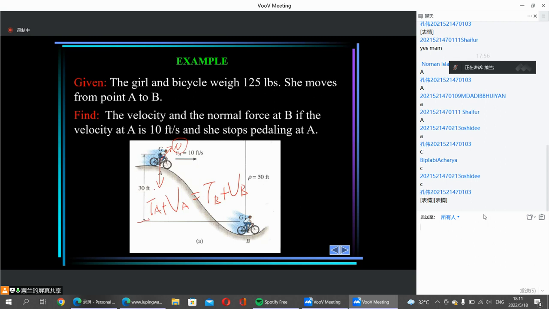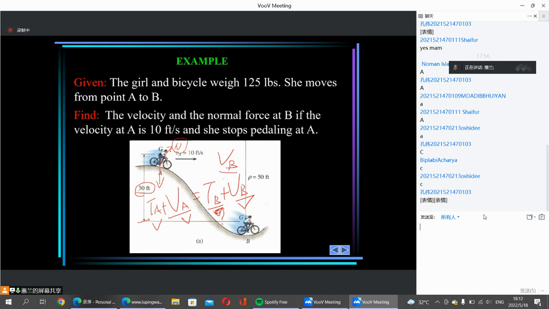The weight is given, the height is given, so the potential energy is also given. At B, the potential energy is given too, right? This is given, this is given, so we can find the kinetic energy at position 2, so we can find VB, okay?